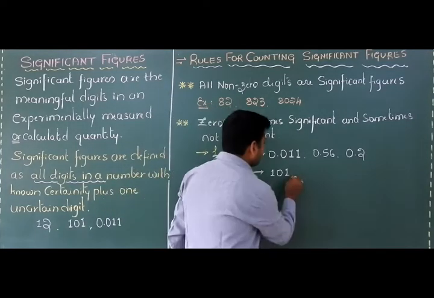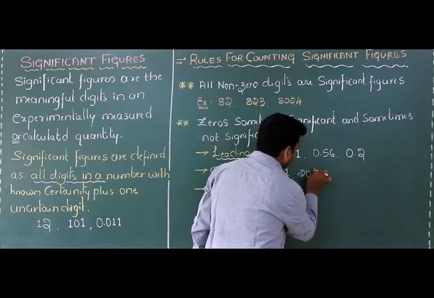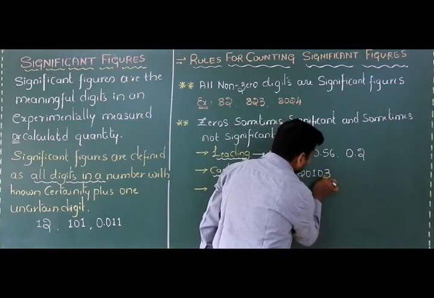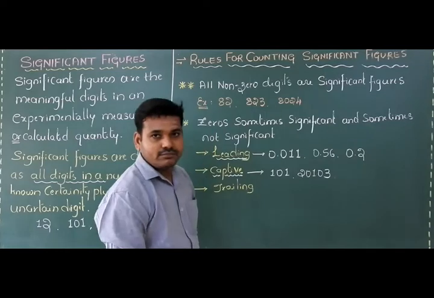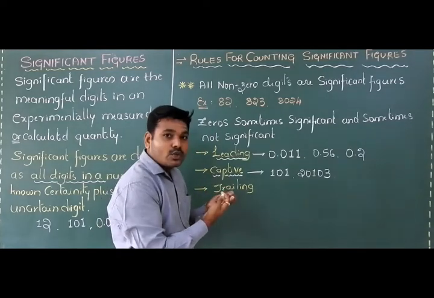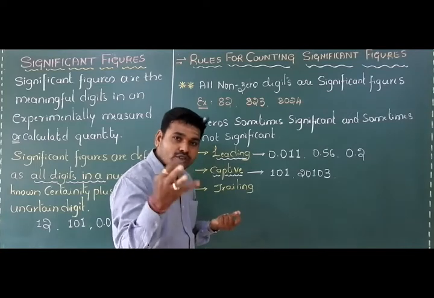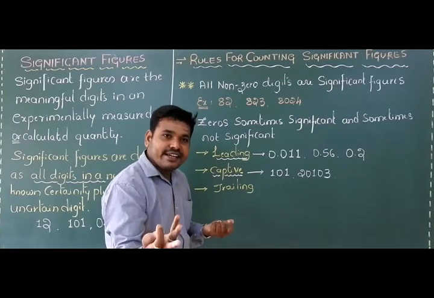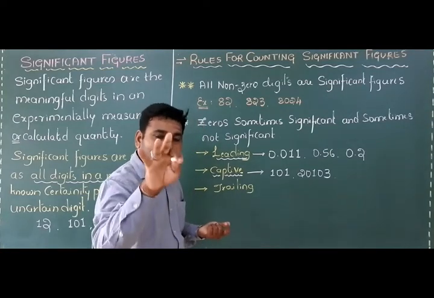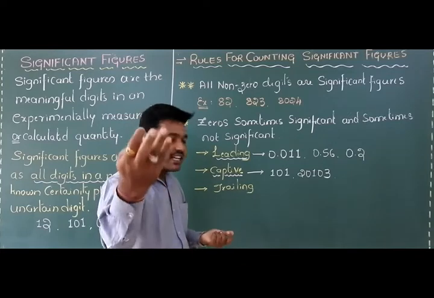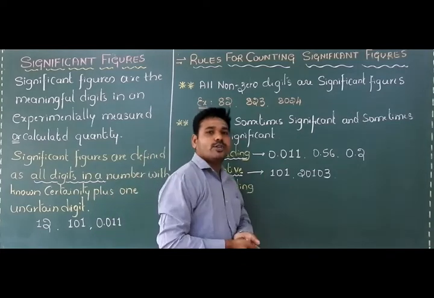Let us take one more example. 20103. This is a given number. And in this case also captive zeros are present. So there are two zeros and both the zeros are present between two non-zero digits. In such cases we call it the captive zero concept.